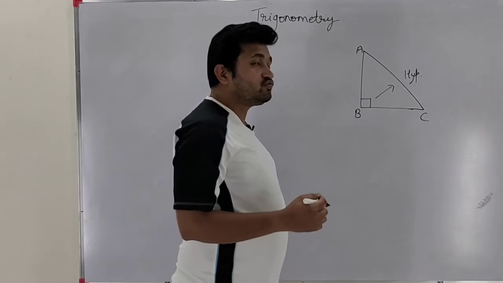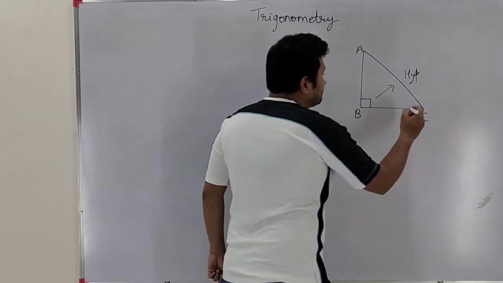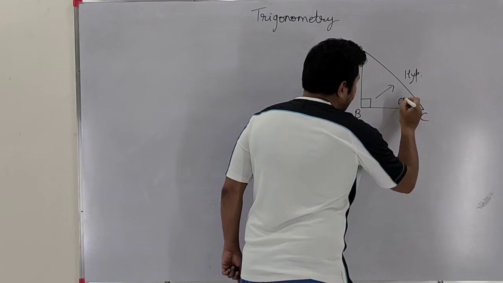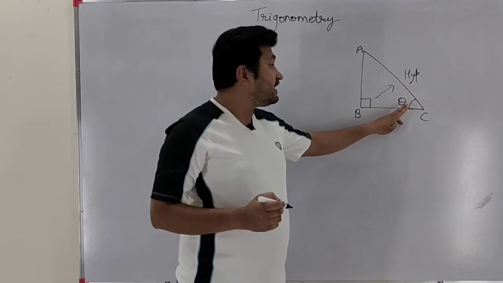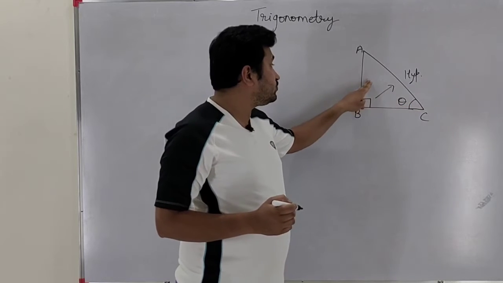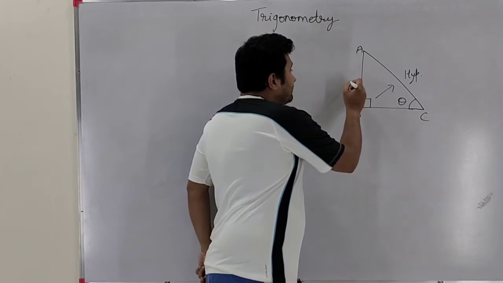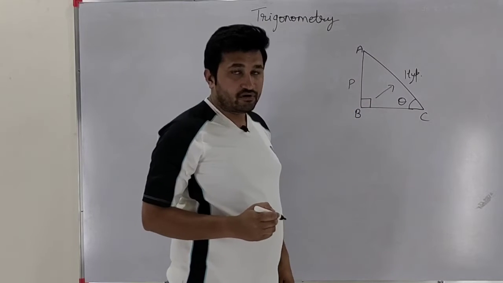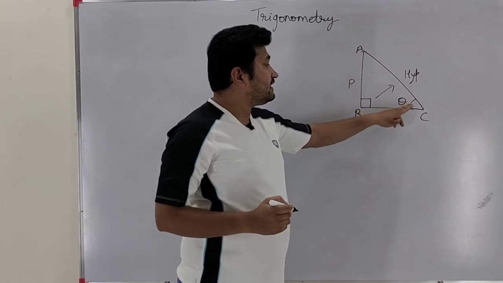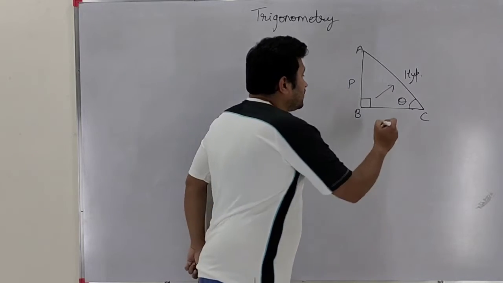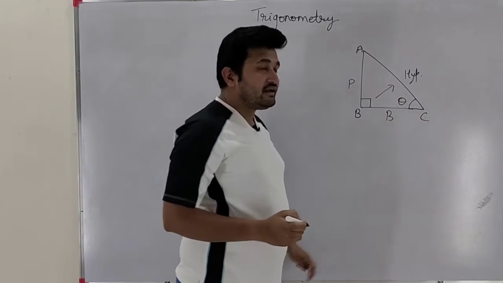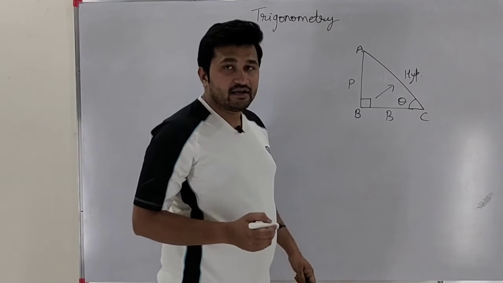Next, if I am considering angle C as theta, then the side opposite to this theta is always the perpendicular or height, and the third one is the base, which contains theta as well as the 90 degree angle both.